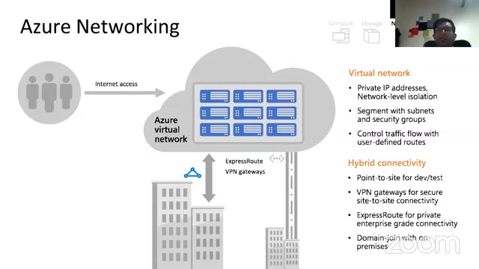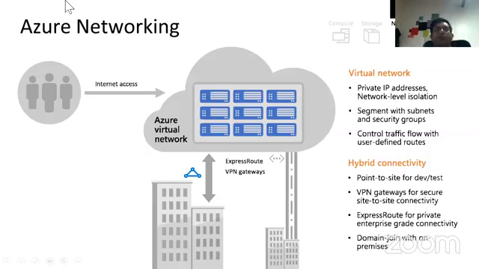So that's why an IP address is required. Whatever your workload in Azure, it will have some IP address bound. Like if you are hosting a virtual machine, there will be an IP address for that virtual machine, and then you have to connect via that IP address.